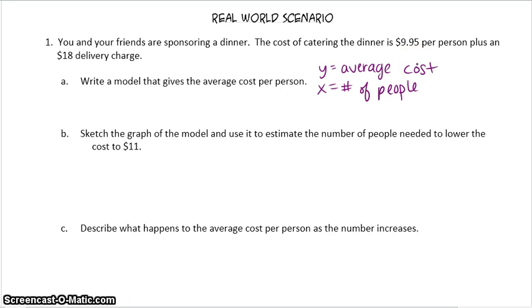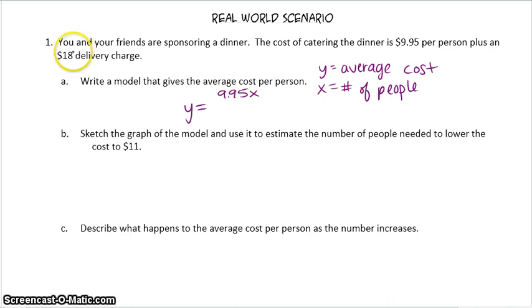So from there we know we're going to have y equals, and if it's $9.95 per person, that means if we multiplied x by 9.95, that would get us the total cost with all the people who came, so 9.95x.